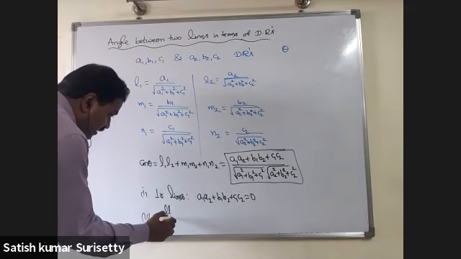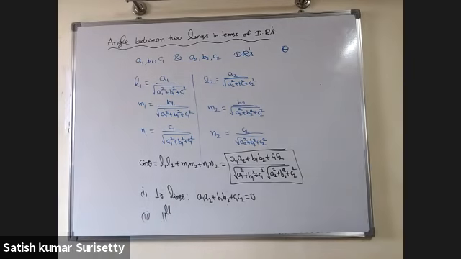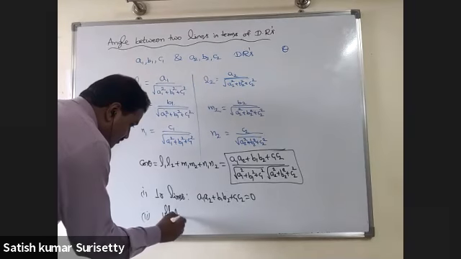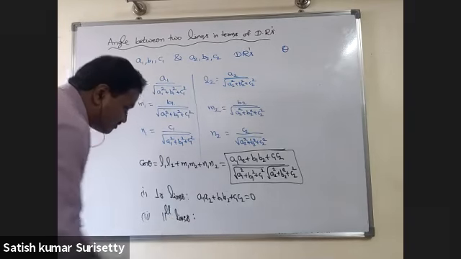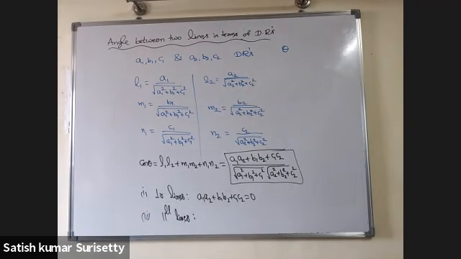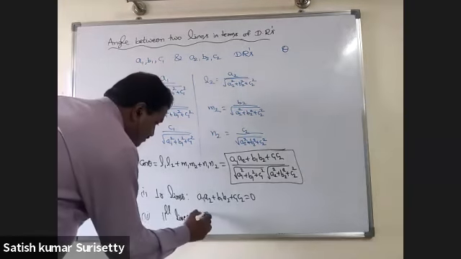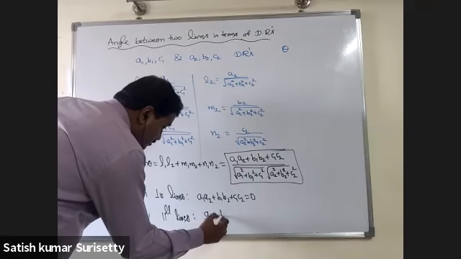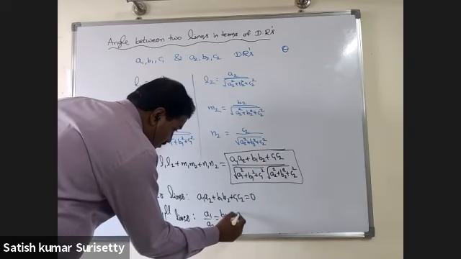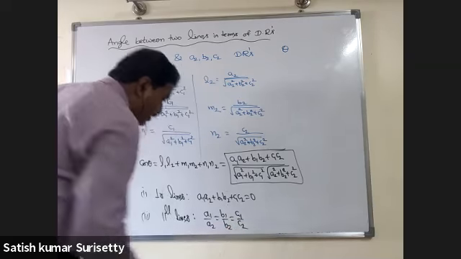Condition for parallel lines: A1 upon A2 equal to B1 upon B2 equal to C1 upon C2.